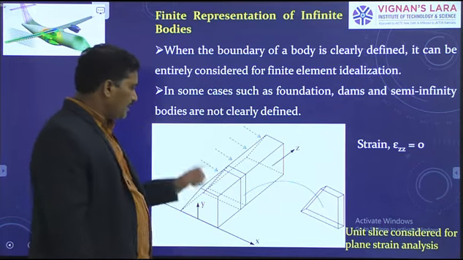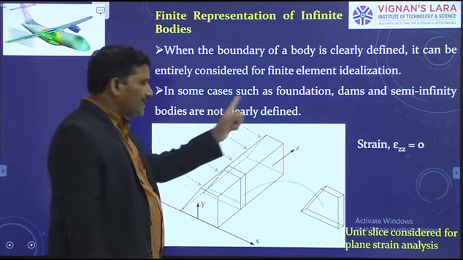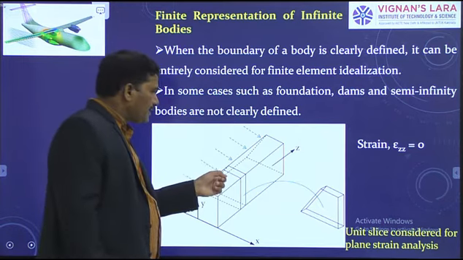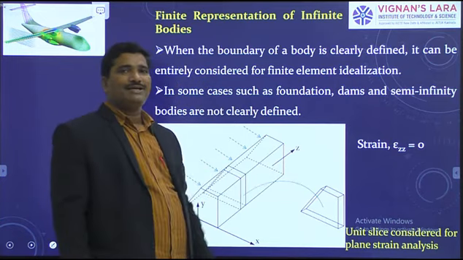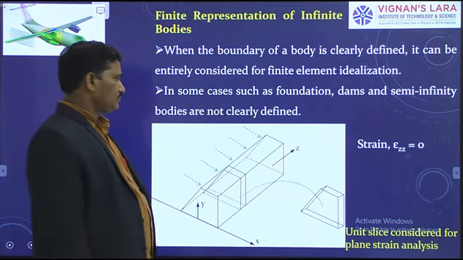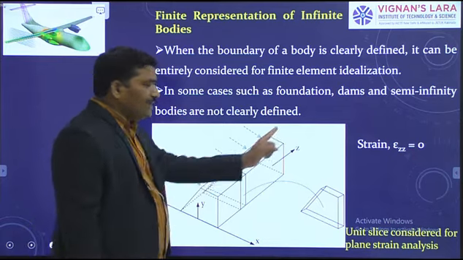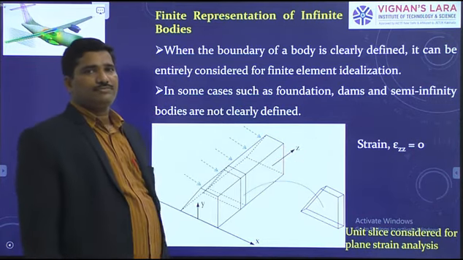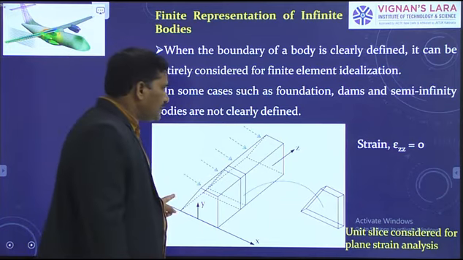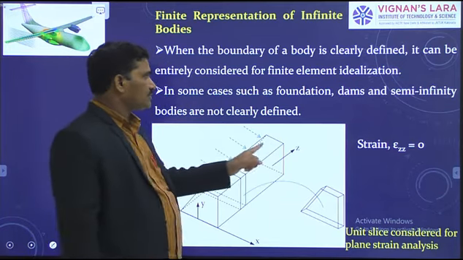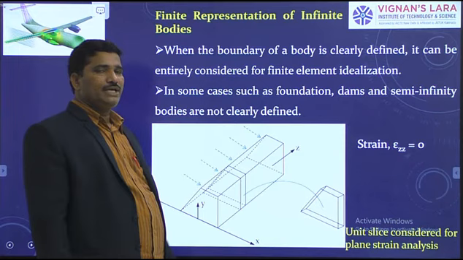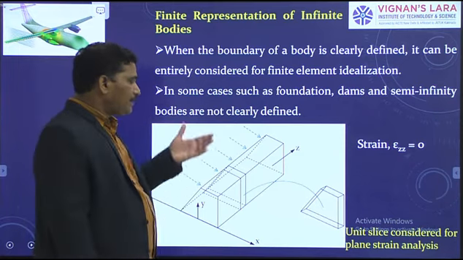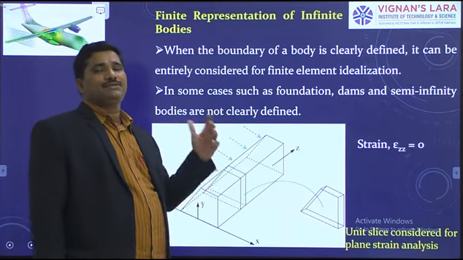Right? Similarly here, instead of taking the entire dam, if you take a unit slice and consider, the strain in the direction of the length is 0. The strain in the direction of length equals 0. Therefore, you can consider it as a plane strain case.